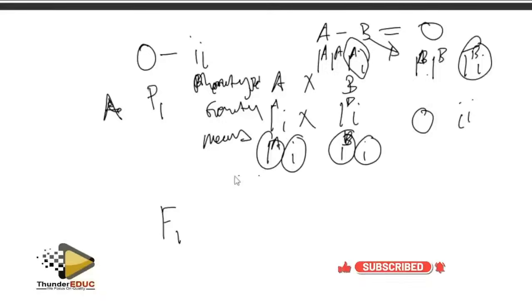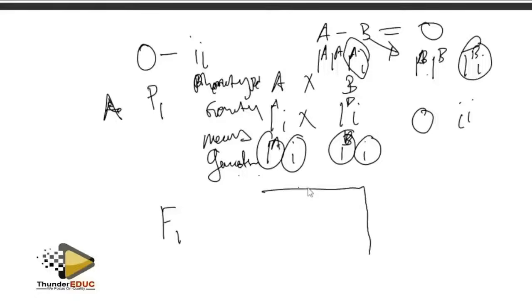Now, look. Now, this is gametes. So if these are gametes, what happens here? You can use a Punnett square method, or you can just cross. Whatever you want, it is still fine.